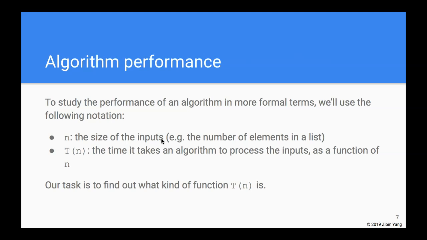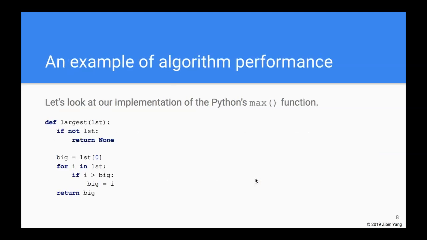Then to denote the time that the algorithm needs to process all the inputs, we use the notation T(n), and that is just a function of n. So to measure performance, we really just want to know what the function T(n) is.